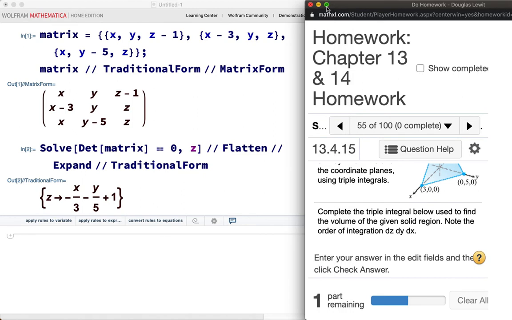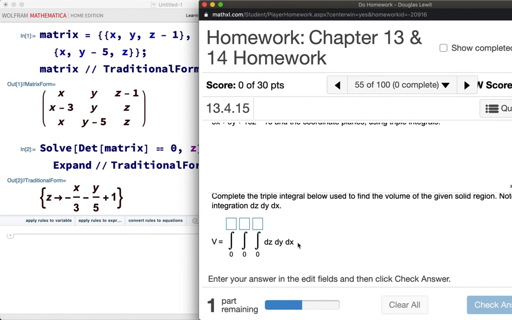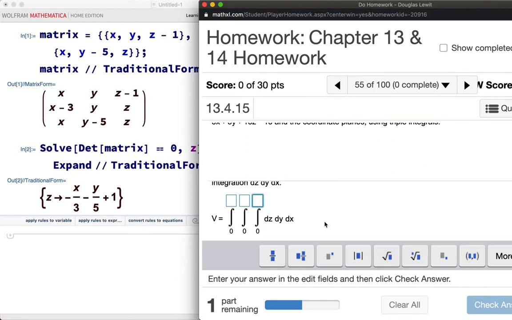Let's write that down. So the lower z limit is z is equal to 0, which is the equation of the xy plane, and the upper z limit is simply going to be negative x over 3 minus y over 5 plus 1.